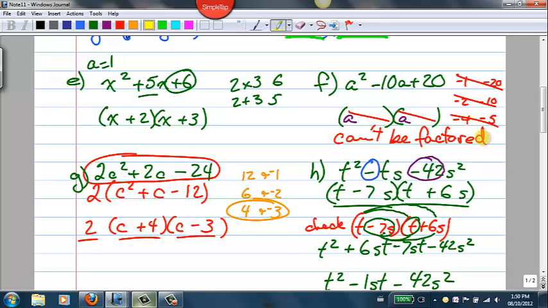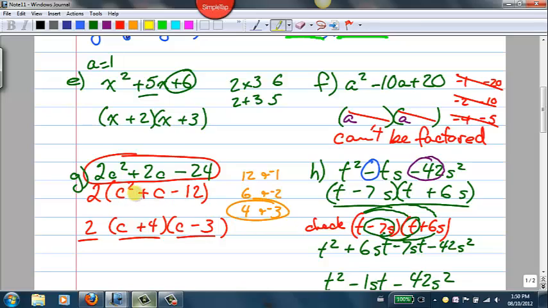We move on. Now G starts with a 2c squared. That's a little different than E and F up here. But the 2, you'll notice, is common to all of these. So I pull out that greatest common factor. I pull out the 2, I'm left with c squared plus 1c minus 12.